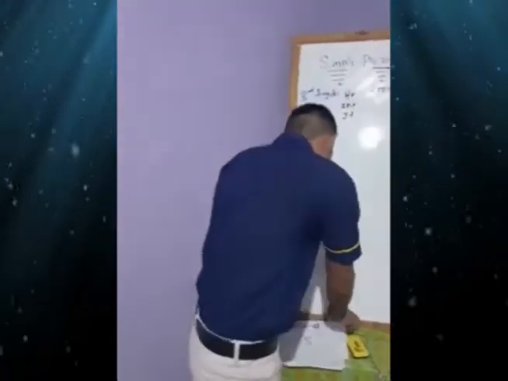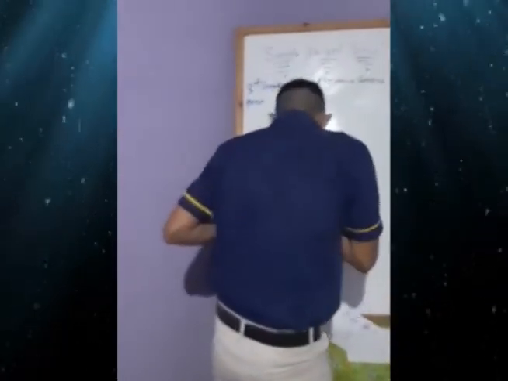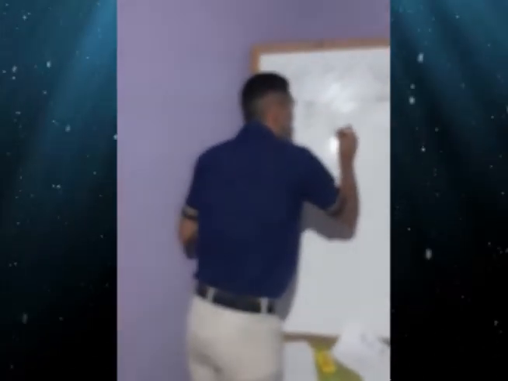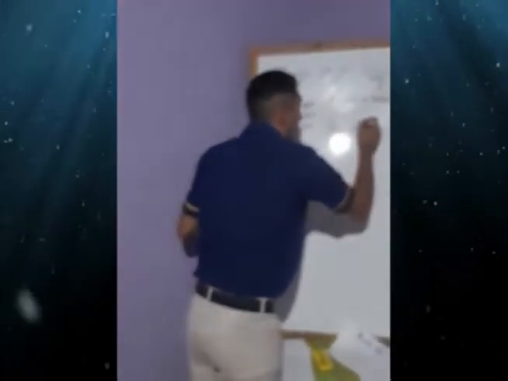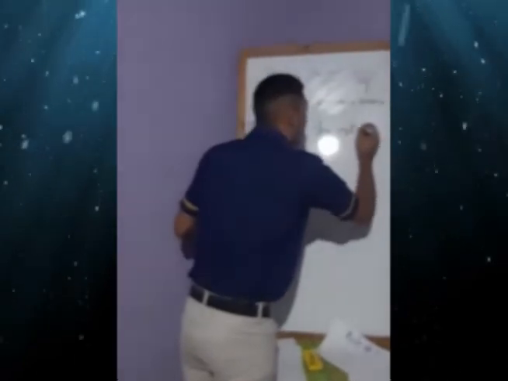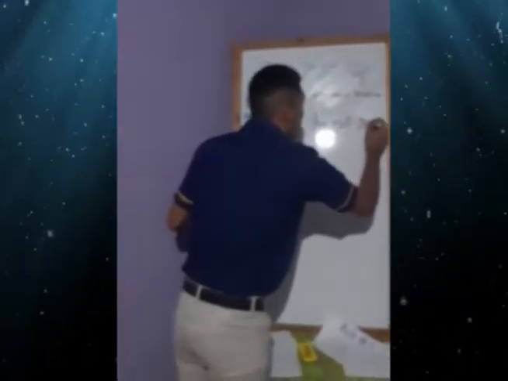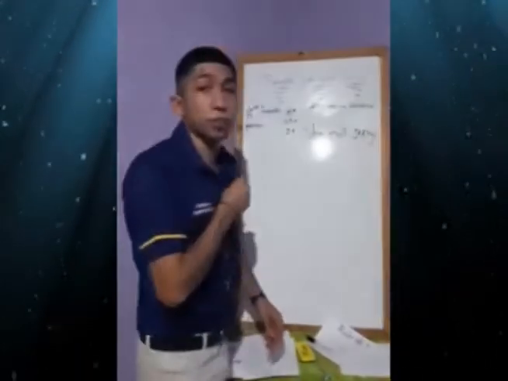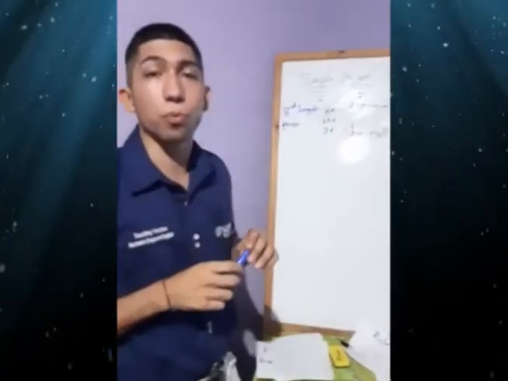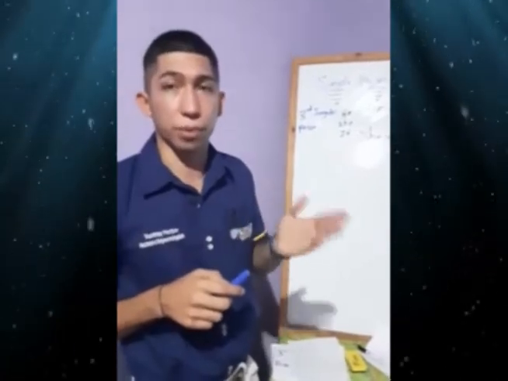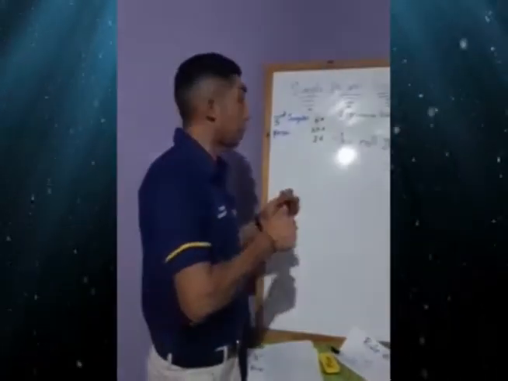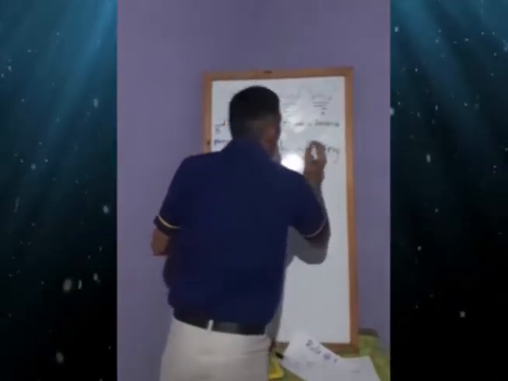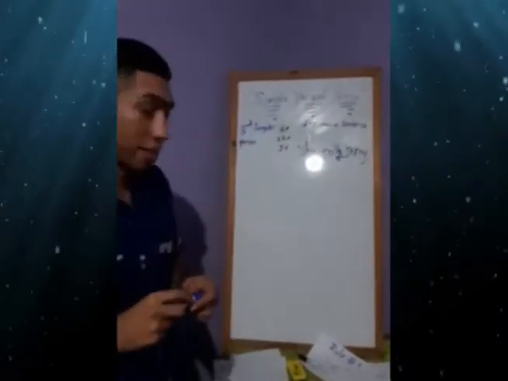For example, the first rule is we add the s to the verb. For example, she calls. We add the letter s.